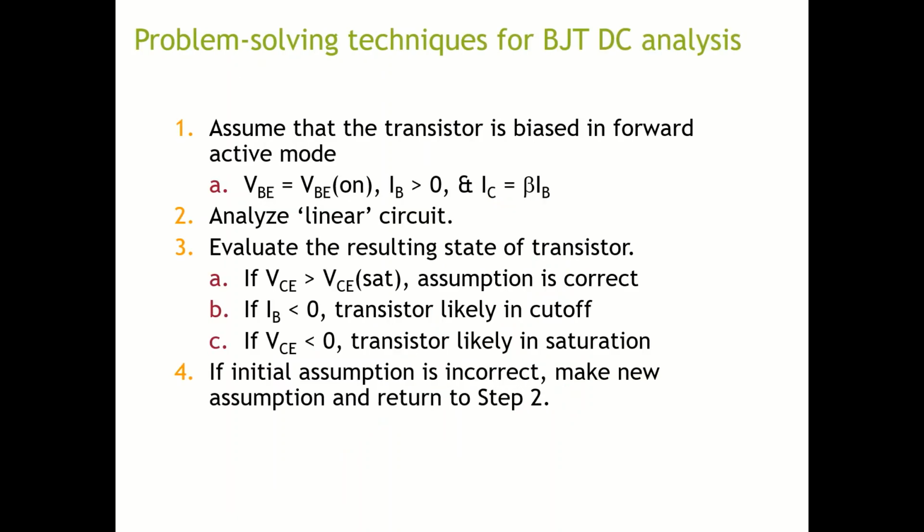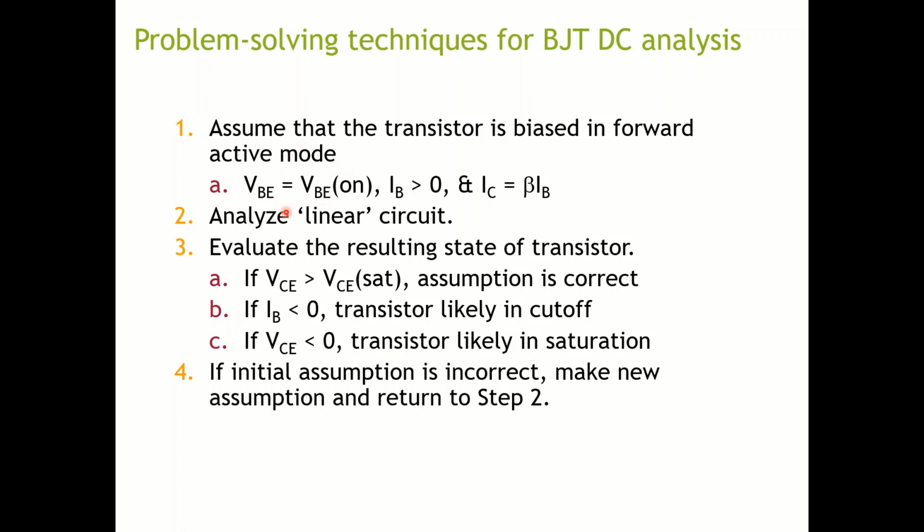So is there any standard approach for problems in DC analysis of BJT? I put together a few steps here. First, assume that the transistor is biased in forward active mode.